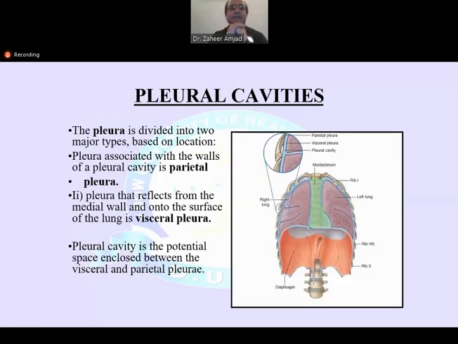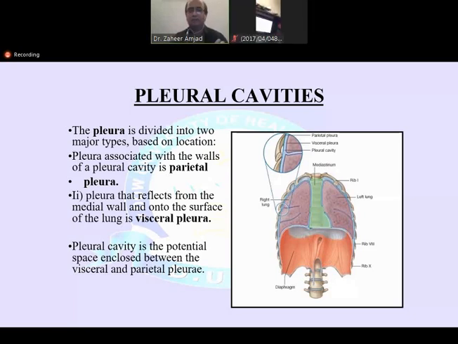Pleural cavities, the pleura, you know that they are divided into parietal and visceral pleura. Visceral pleura is that which immediately surrounds the lungs. No part of the lungs is spared of the visceral pleura, except where the visceral pleura is reflected onto the parietal pleura, right?